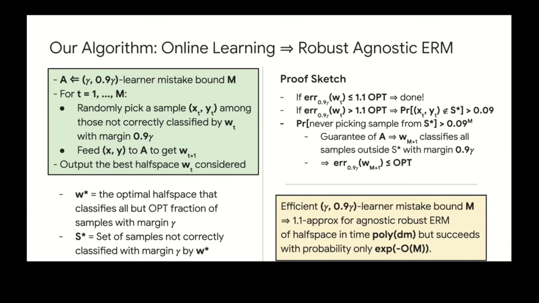And by definition, this means that the 0.9 gamma margin error of Wm plus 1 is less than or equal to opt. So we are also good in this case. So that's basically it for the proof of the algorithm.